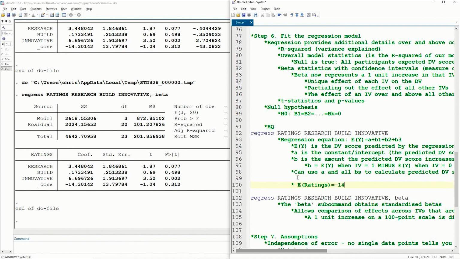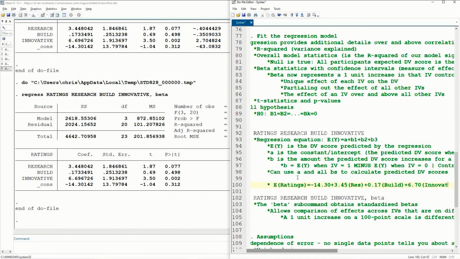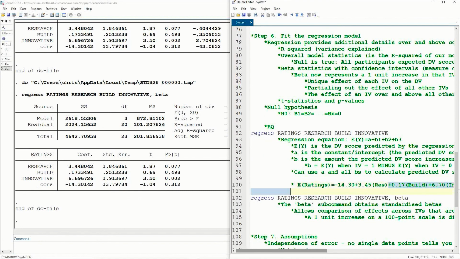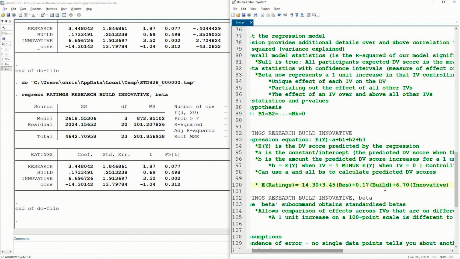Our intercept is negative 14.30 plus 3.45 for research plus 0.17 for building plus 6.70 for innovativeness. So it's exactly the same layout as last time, we're just adding in these extra beta terms, and it works in exactly the same way.